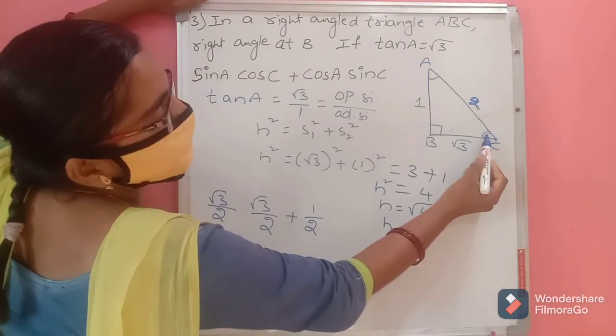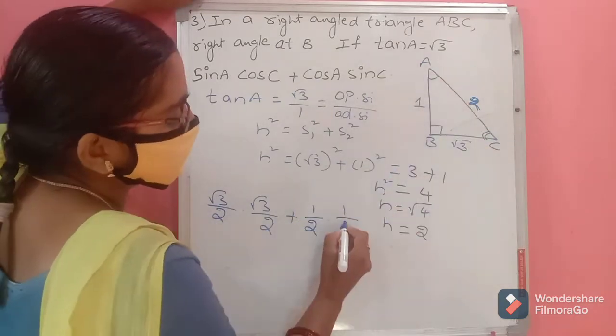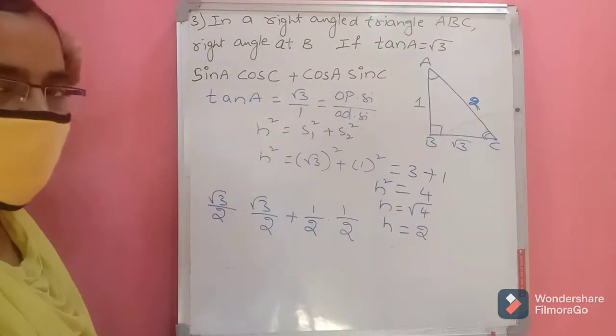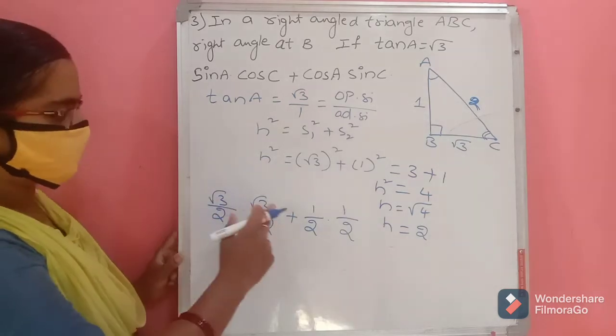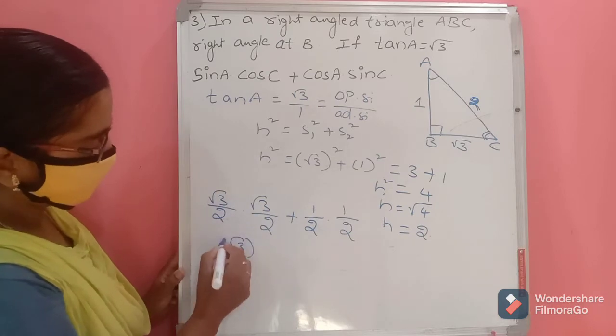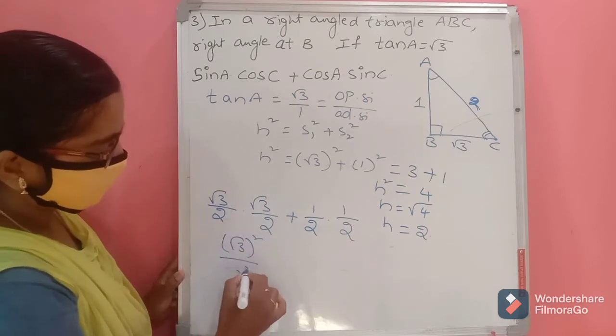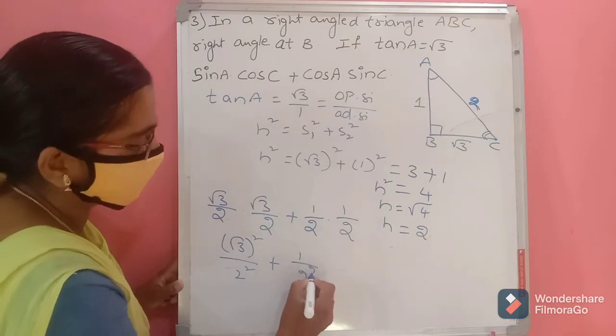This is angle C. For this opposite side is 1 by hypotenuse 2. Sine means opposite by hypotenuse. Cos means adjacent by hypotenuse. You have to know that first. So root 3 by 2 into root 3 by 2, root 3 whole square by 2 square, plus 1 into 1 by 2 into 2, 2 square.